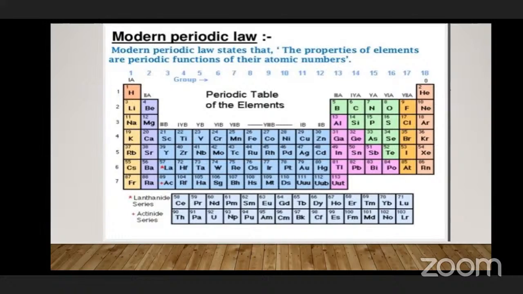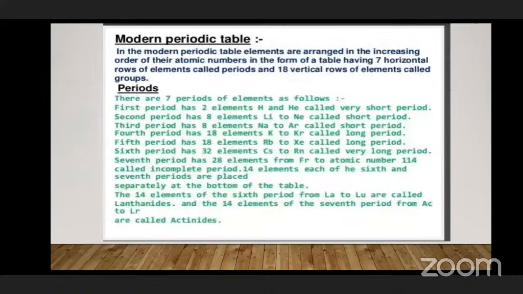These three can be considered as one group only, that is the 8th B group. Similarly, yesterday we discussed in the Mendeleev periodic table, Mendeleev also considered these elements separately as one group.